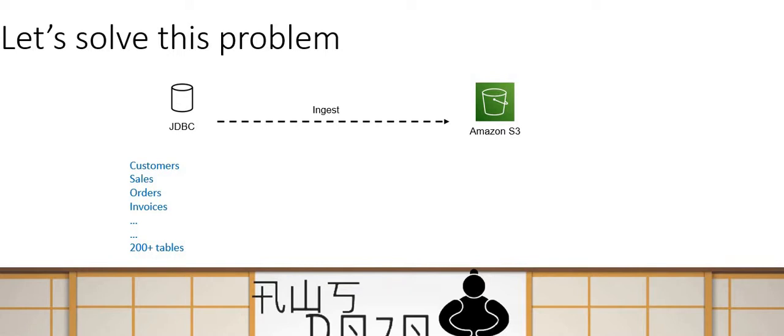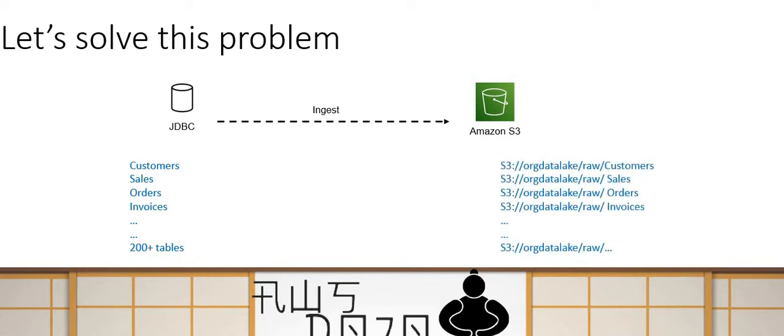Okay, let's take 200 as an example. You have got customers tables, sales, order, invoices, product line. There are 200 tables in your JDBC system, which you want to ingest into your data platform, and you want to ingest that in different folders in the raw bucket.